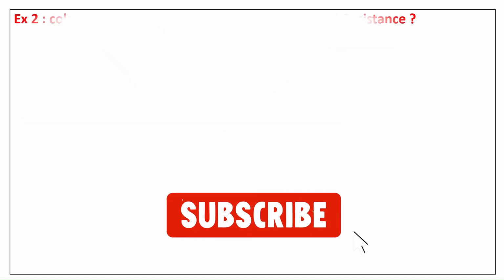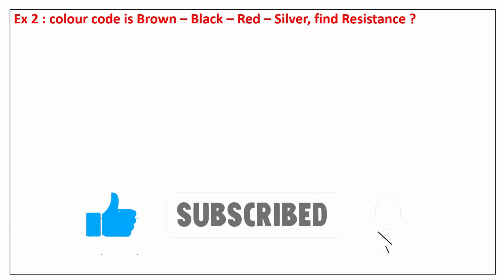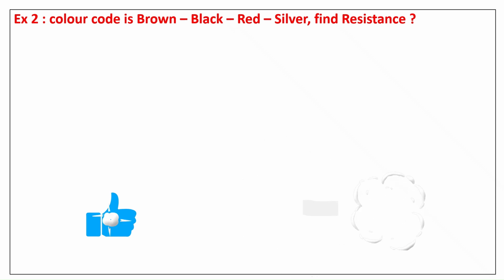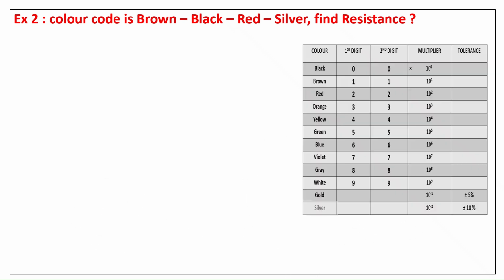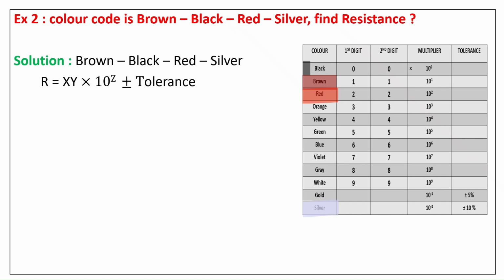Example 2. Color code is brown, black, red, silver. Find resistance. Solution. Colors are brown, black, red, silver. Therefore, R is equal to xy into 10 to the power z plus or minus tolerance.